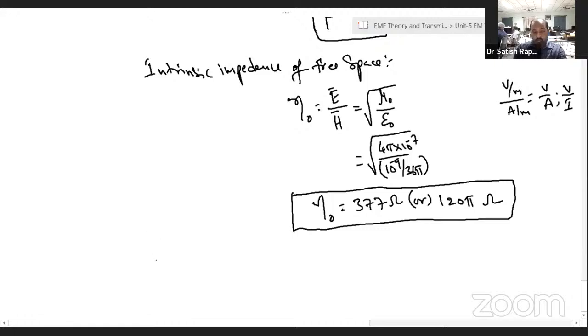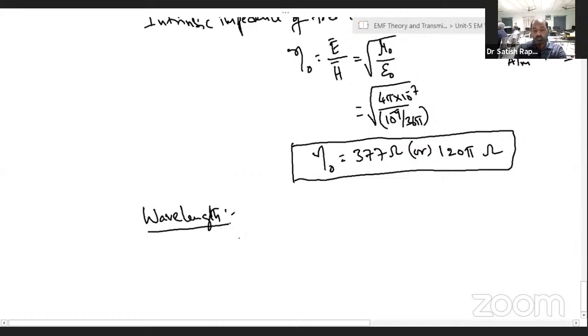And wavelength, let me discuss wavelength also. What is meant by wavelength? Wavelength is lambda. How do you define lambda?